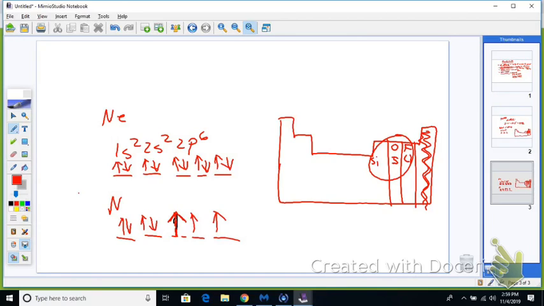So nitrogen's not even on the list, right? Are we looking at the chart? Yep, we're just looking at the chart. It's not on the chart because it's 0. Nitrogen has 0 affinity, no energy.